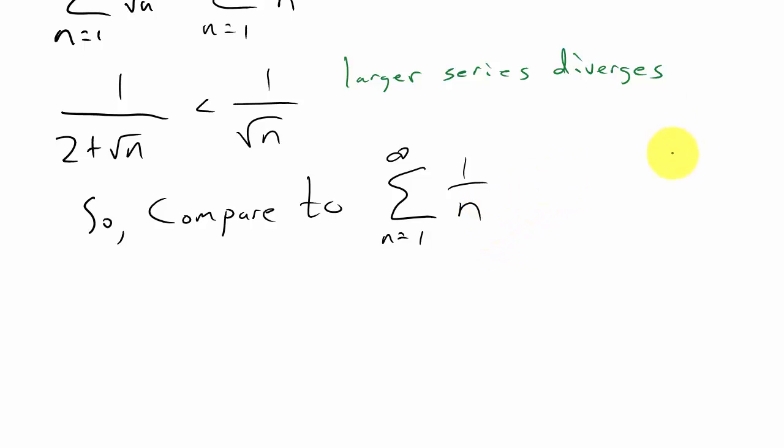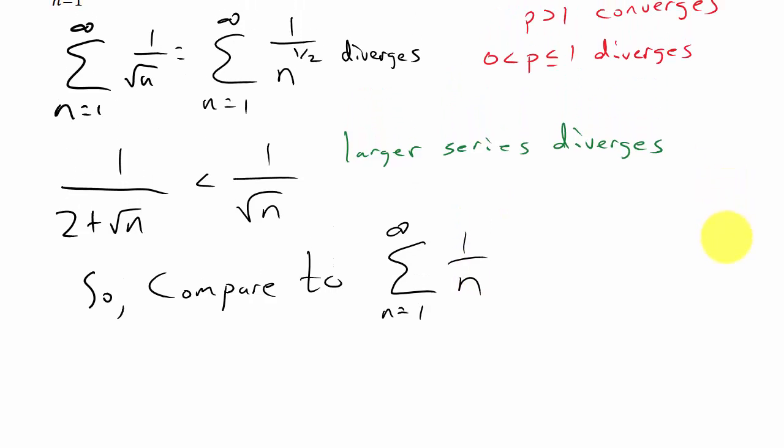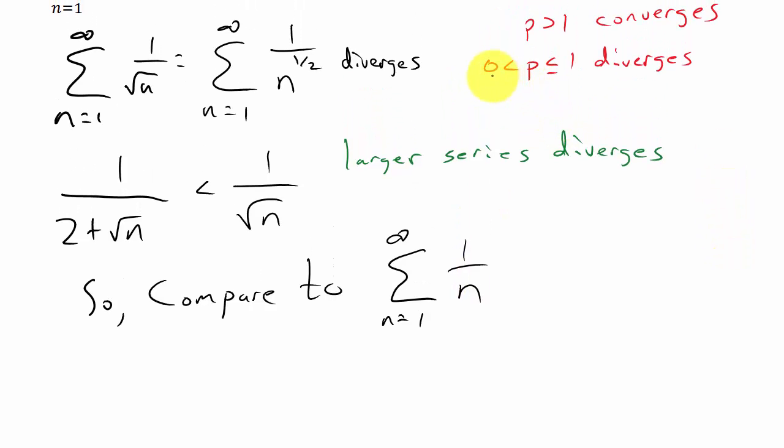Well, it's the same thing. We can look at it as a p-series. So our exponent is equal to 1. And remember, from up here, if p is greater than 0 but less than or equal to 1, then it diverges. So we've shown that this diverges.